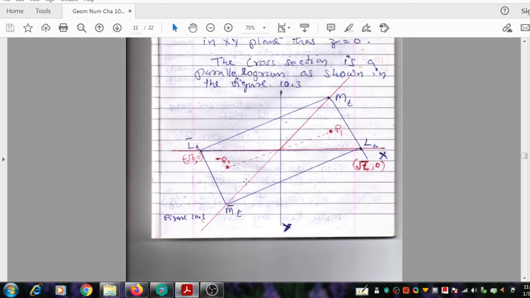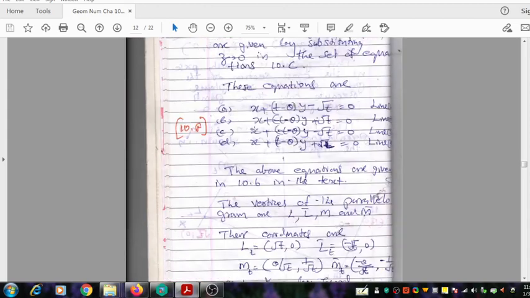So M H, L H, M bar H and L bar H will be the corresponding cross section in the case of the prism KH. The names of the parallelogram, or the coordinates of the parallelogram, will also be named according to the value of h. Okay.